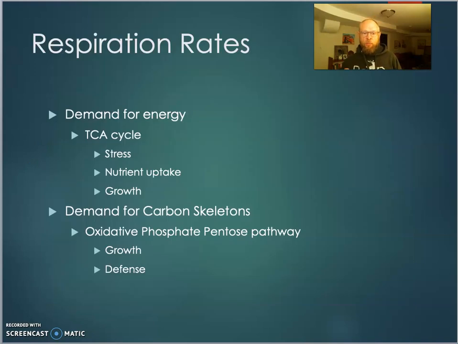Okay, let's very briefly talk about respiration rates. We'll come back and talk about this a little more later in the week, but there's really two main controls on respiration rates, and that's the demand for energy and the demand for carbon skeletons.